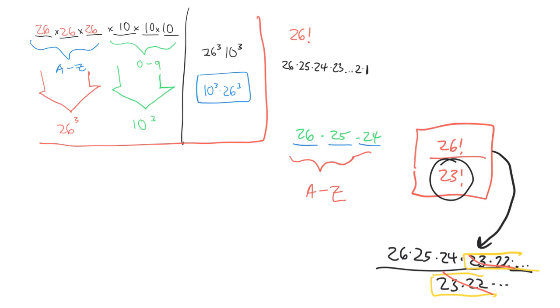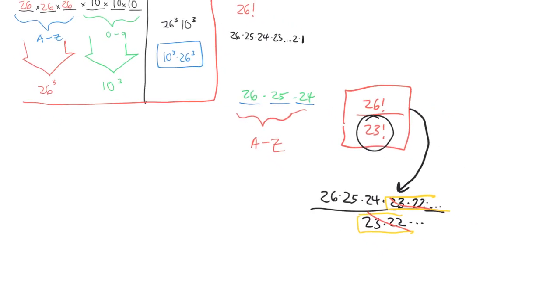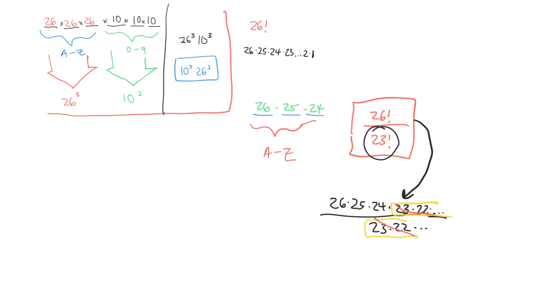And that's one reason why you could represent this scenario as one of these fractions, because in reality, what this fraction is doing, another way of saying it is it's 26 times 25 times 24 times 23 factorial, right? Because 23 factorial is 23 times 22 times 21 times 20.